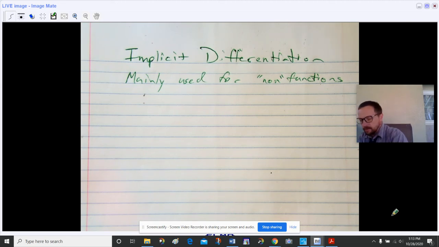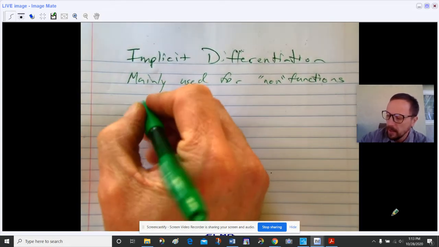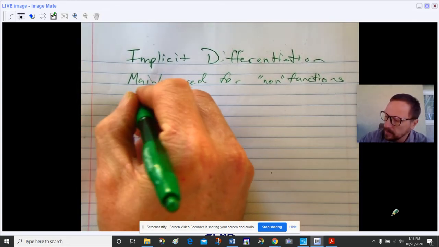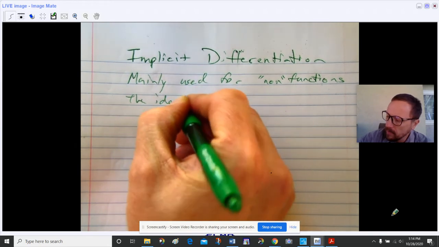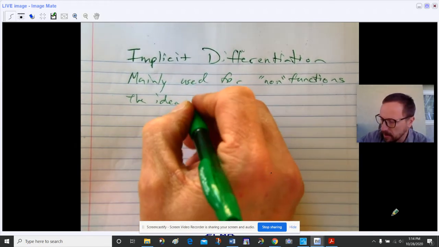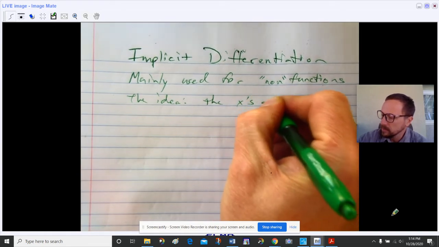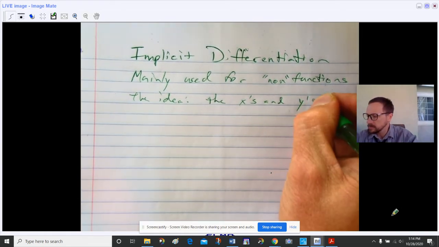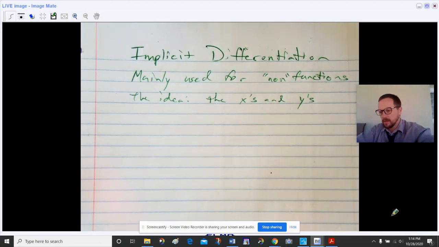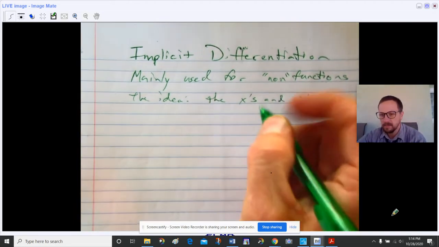But mainly, it's used for non-functions. It can be used for functions, though. But the main idea for this is that the x's and y's are going to be mixed up, okay?